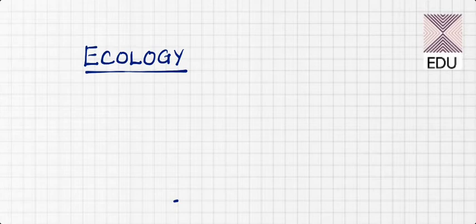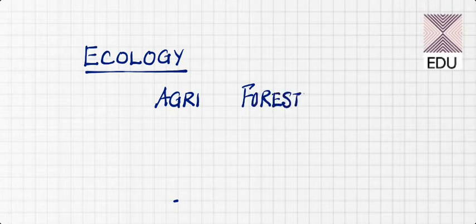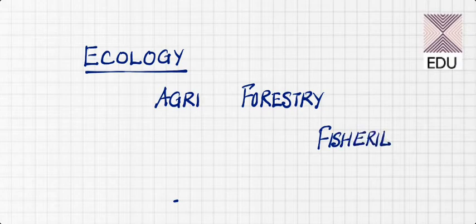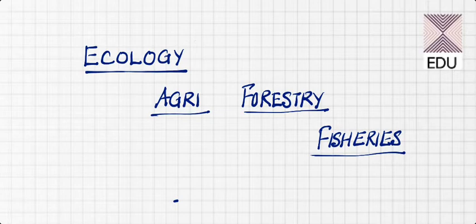So if you have to start something in the field of agriculture, or forestry, or fisheries, or poultry, or any field which is nowadays beneficial to the people, you have to have a very good knowledge of the ecology of that particular animal with which you are working, and you should have a very important aspect which is related to the climate of that particular area.